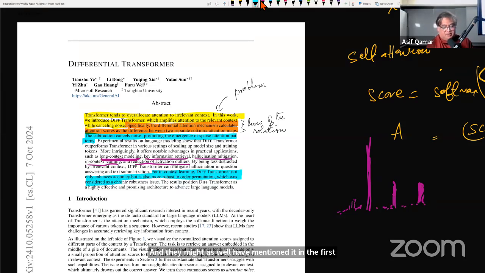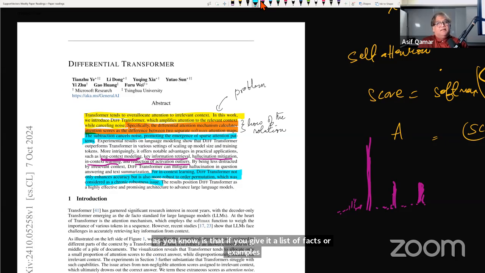One of the problems that happens with LLMs, as you know, is that if you give it a list of facts or examples, especially in few-shot learning, then its performance is unfortunately sensitive to the order in which the exemplars are mentioned.